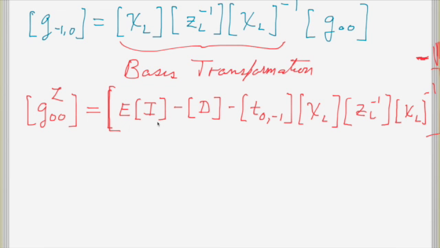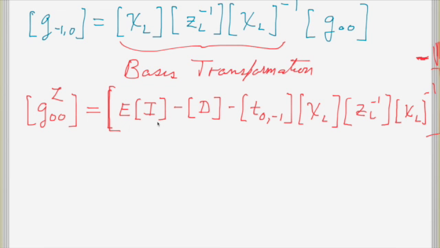E minus D minus T chi Z inverse chi inverse, the whole thing inverted. And there's your surface green function, calculated from a mode space approach.